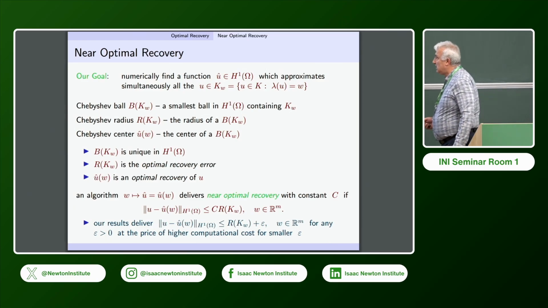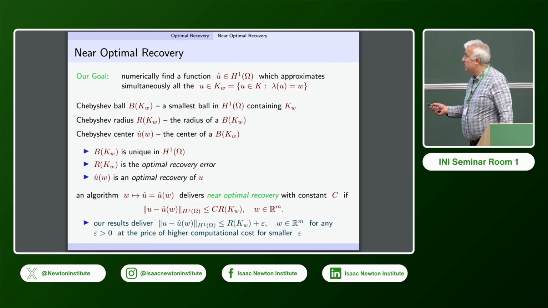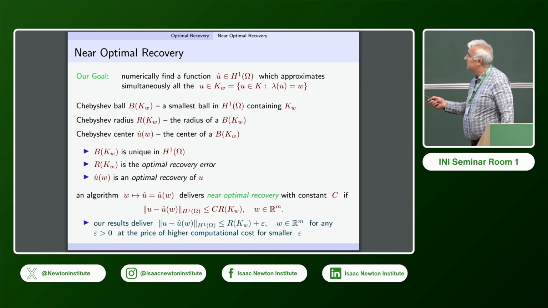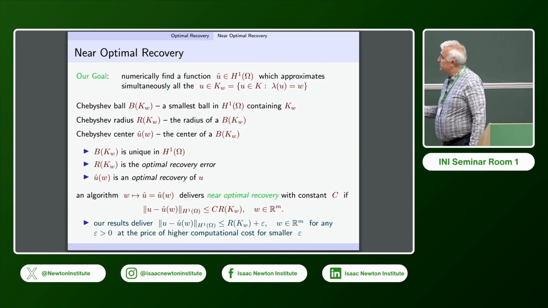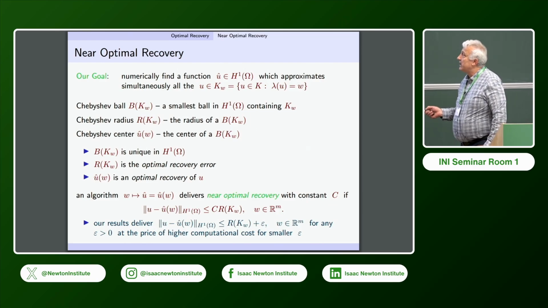So what is the new optimal recovery? Our goal is to find numerically a solution from H1 of Omega, which is the natural space for the solutions, which approximates simultaneously all the U's which could be from this set K_W. The easiest way to do that is to just define the Chebyshev ball.